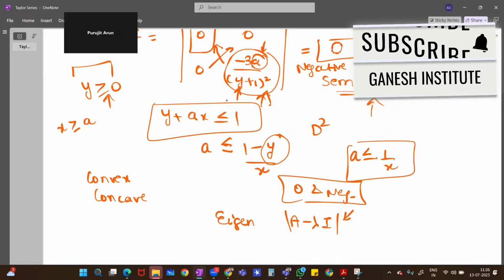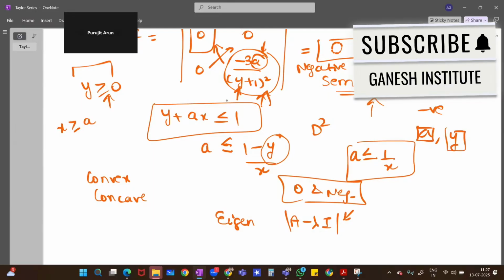So what is the fourth element having? A and Y. It is negative. Rest of that, A and Y will determine whether it is negative or positive, right?